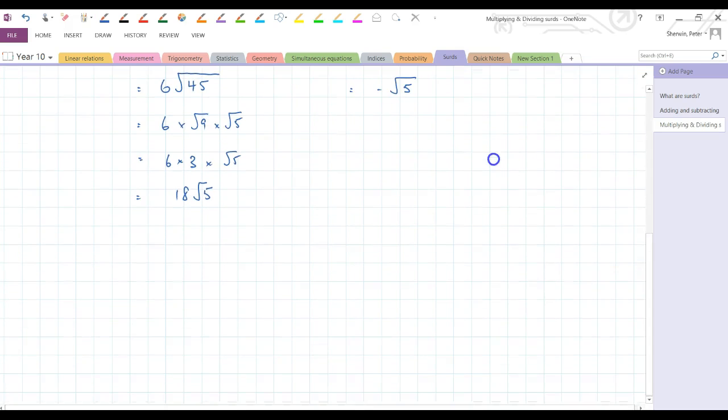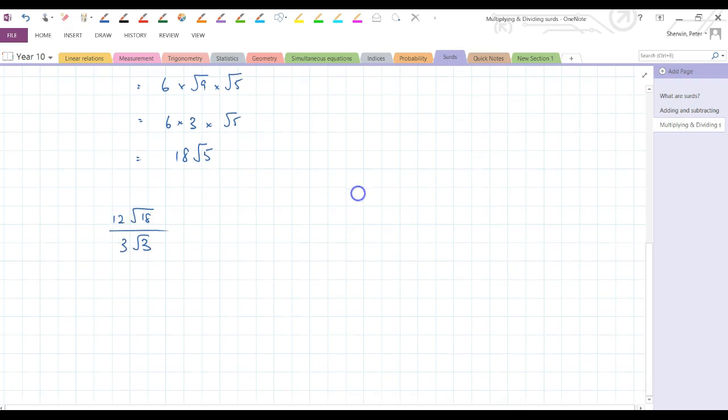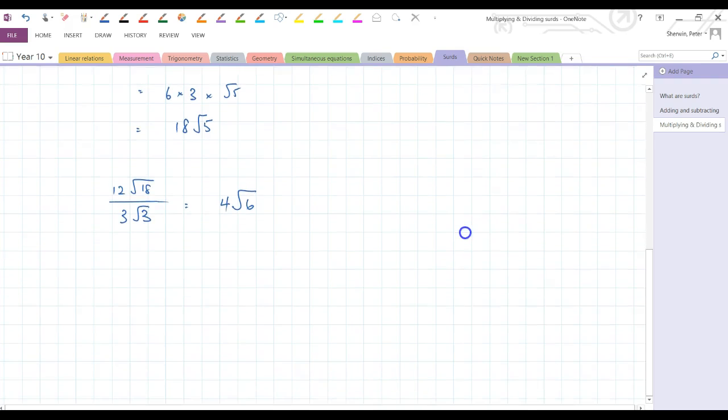Next example, 12 root 18 over 3 root 3. So in this example, we'll take the 12 and divide it by 3, so that'll give us 4. We'll take the 18 and divide by 3 to get square root 6. So 12 divided by 3, 4, 18 divided by 3, 6, 4 root 6. And that's in simplest form.